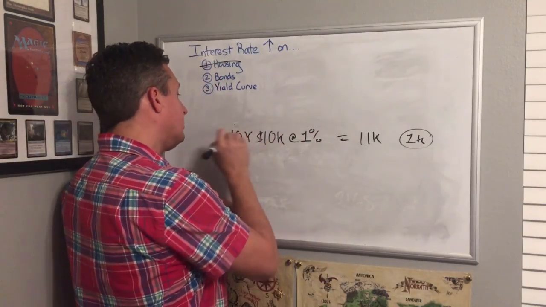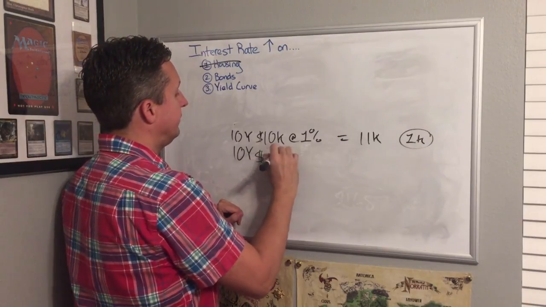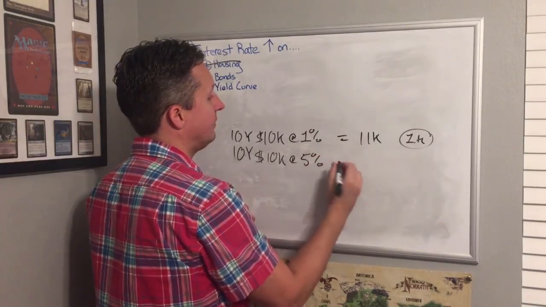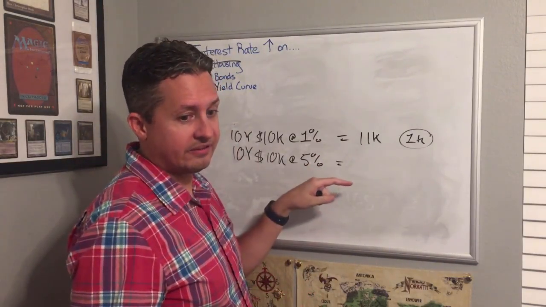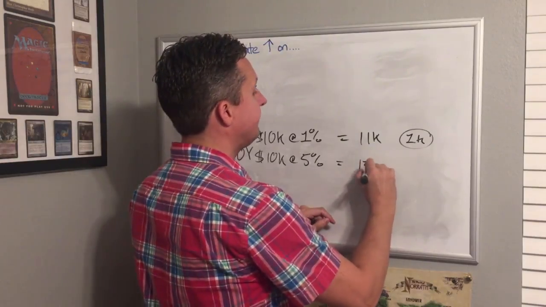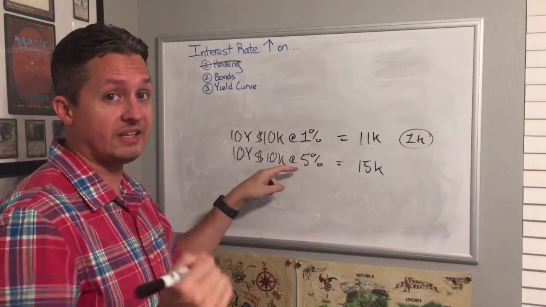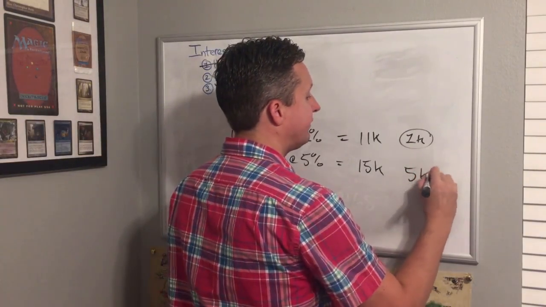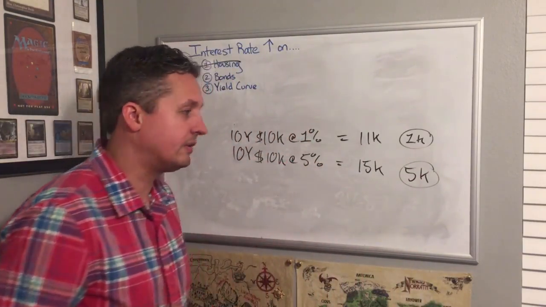So the next day after you bought this one, the newer bonds are now being sold. So it's still $10,000 in 10-year, but now it's at 5%, right? So that bond at the end of that amount of time is basically going to make $15,000, because it's going to be making so much more money every 6-month period, right? So the profit on this guy is $5,000. But more importantly, the profit was 5%, right?